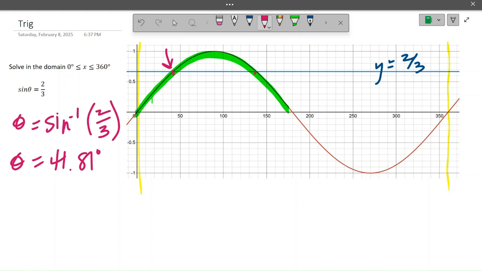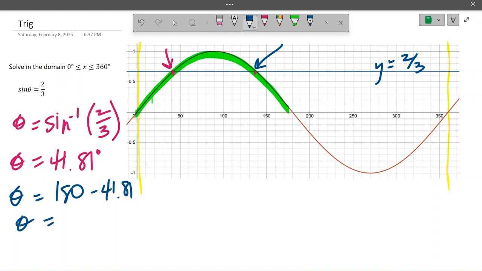If you remember when we started this particular topic, I talked about how sine has two values within 180 degrees. So the way we find this value is by saying that theta also equals 180 degrees minus 41.8 degrees.